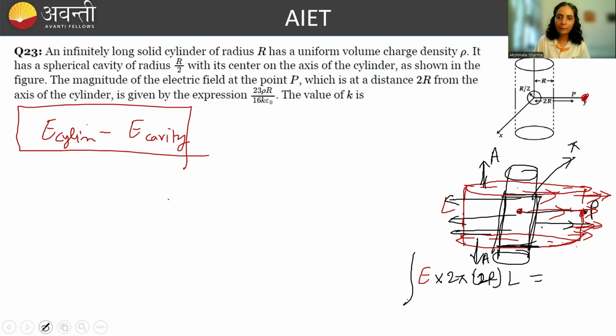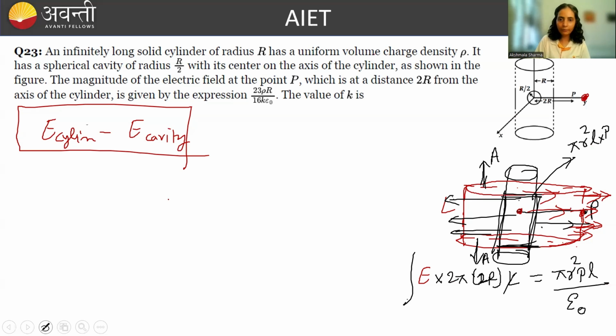Volume of cylinder, pi r square L. Be careful here. We will take the radius of this original cylinder because charge is only contained inside that. We cannot take 2r here for calculation of volume. So pi r square L into rho, divided by epsilon, gives Q enclosed by epsilon.